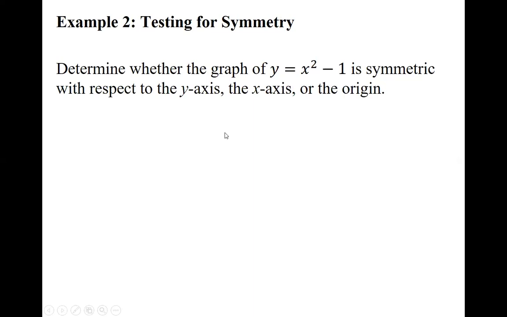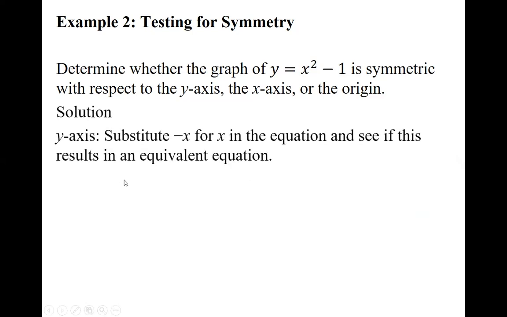Determine whether the graph of y equals x squared minus 1 is symmetric with respect to the y-axis, the x-axis, or the origin. We have to do our substitution checks. So for the y-axis, we substitute negative x for x in the equation and see if we get an equivalent equation.